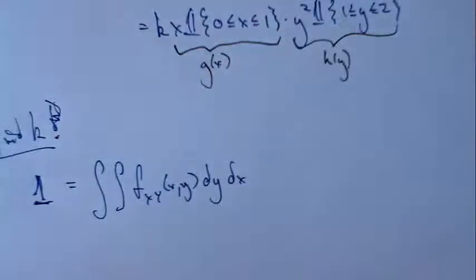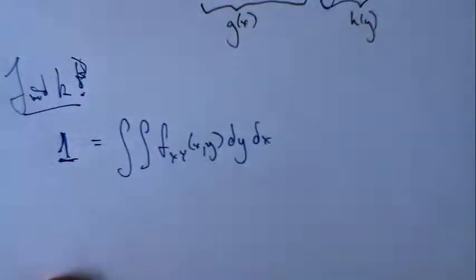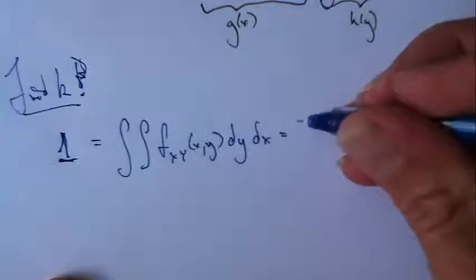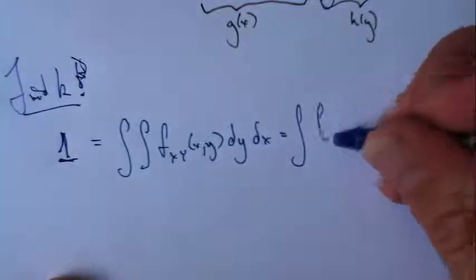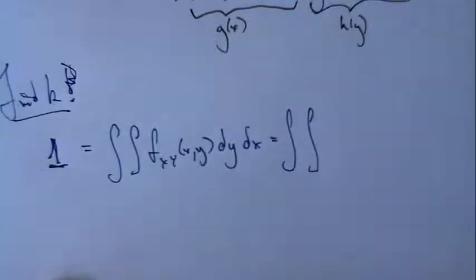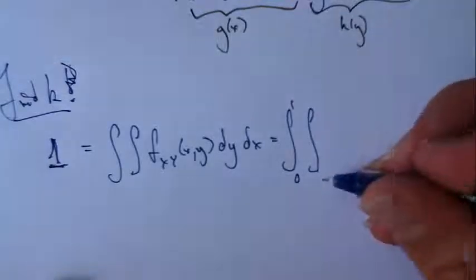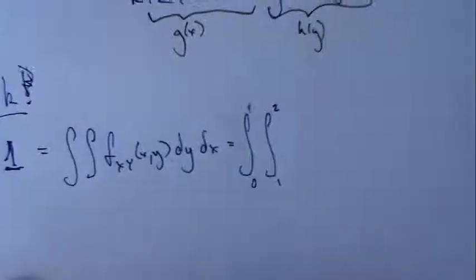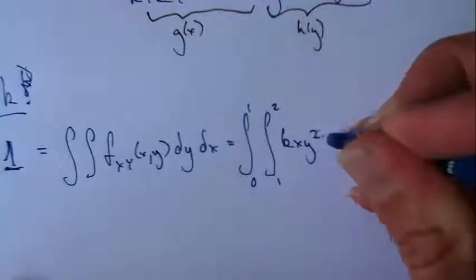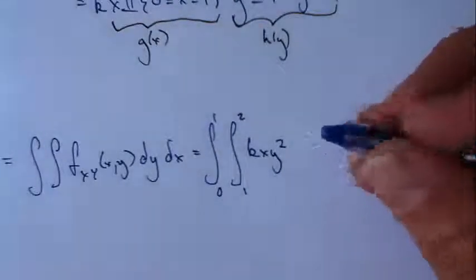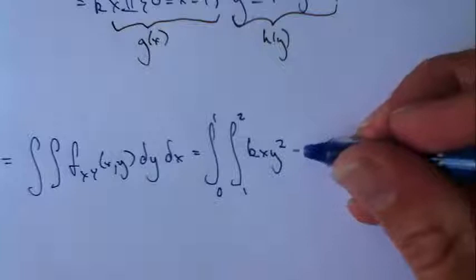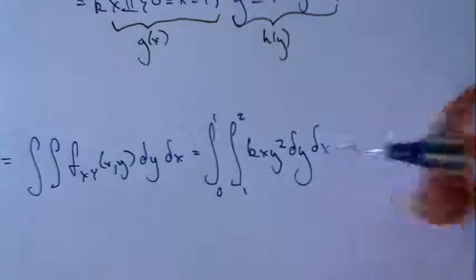Okay, and so what does this come out to be? If I'm integrating with respect to x, it's just going from 0 to 1, y is going from 1 to 2, and it's going to be kxy squared in there times dy dx.